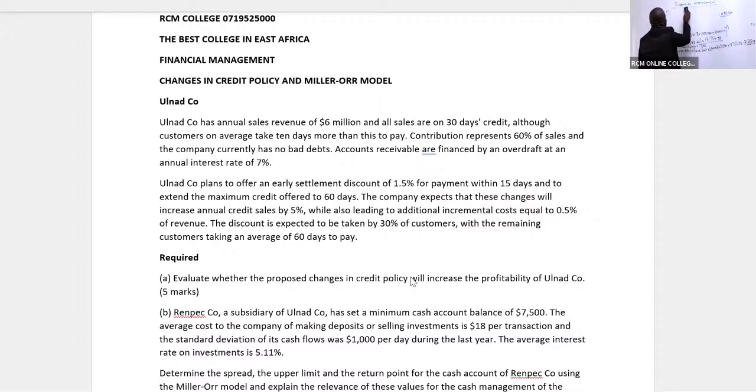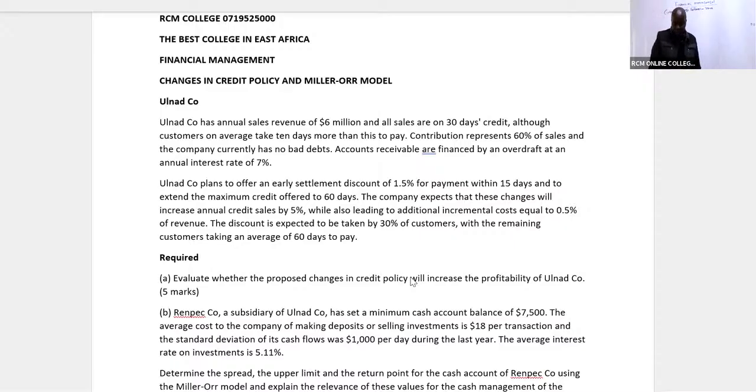Before we look at the proposal, before we look at the change, we start with the current. Very easy. So come here and give us the current average collection period.